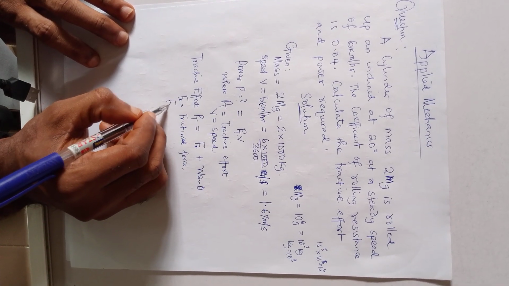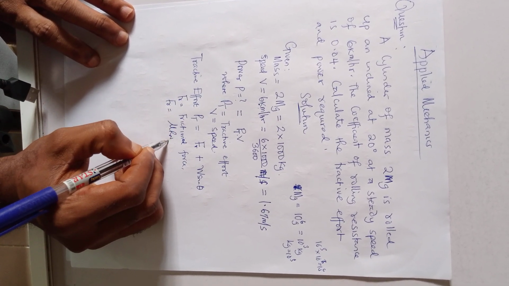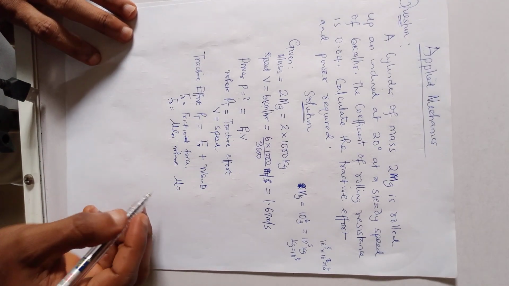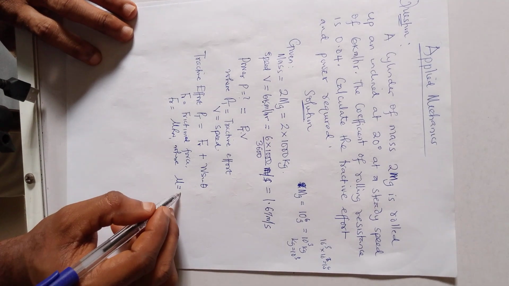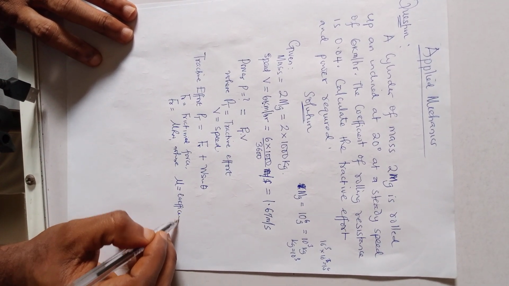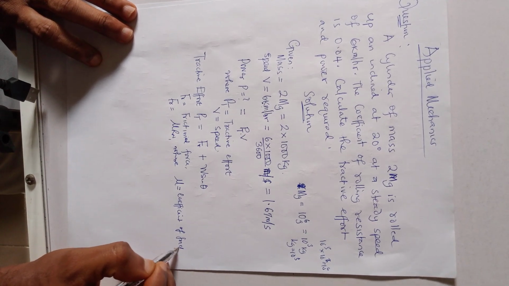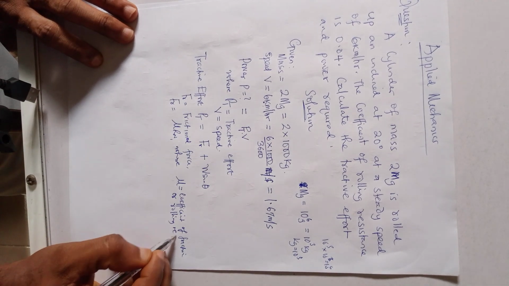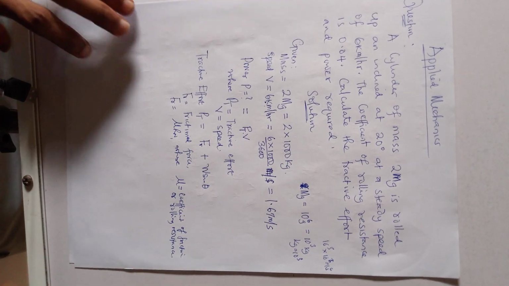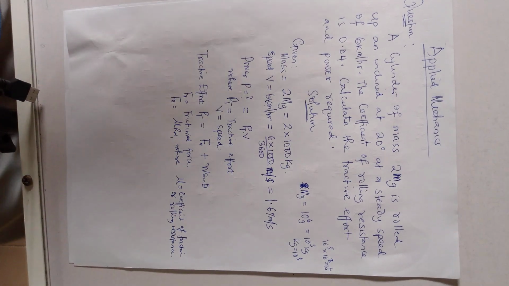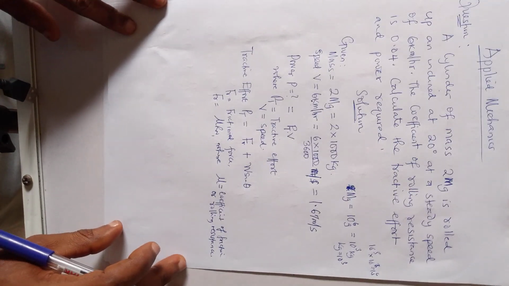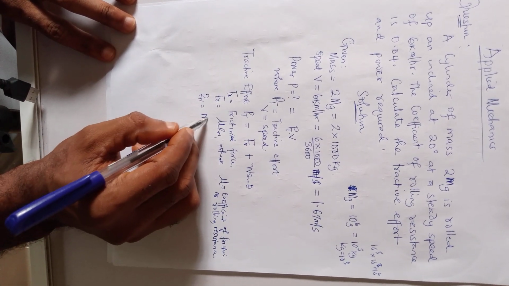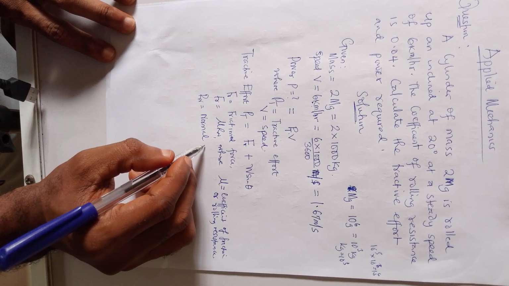A frictional force is given by mu Rn, where mu is the coefficient of friction, or rolling resistance, it's the same thing. It's either you call it resistance or friction. So mu is the coefficient of friction or resistance, while Rn is the normal reaction.